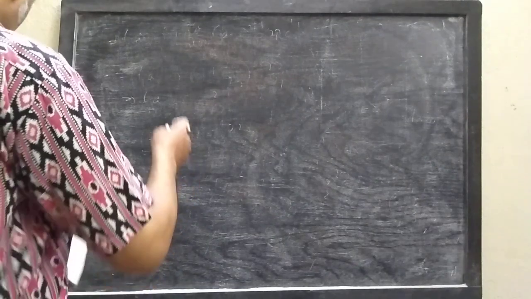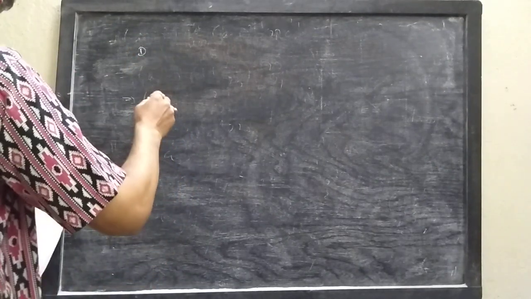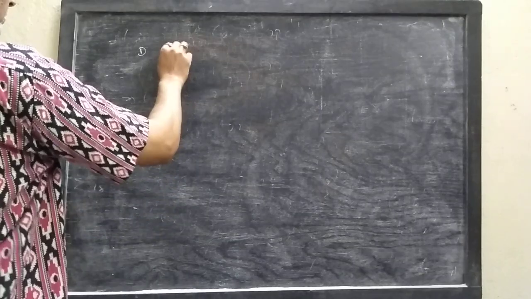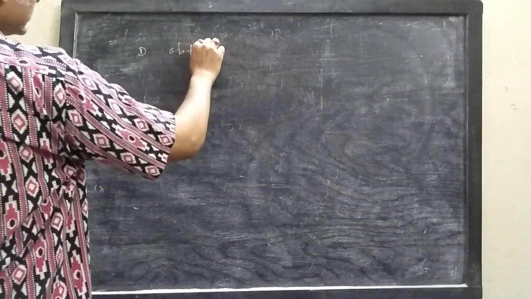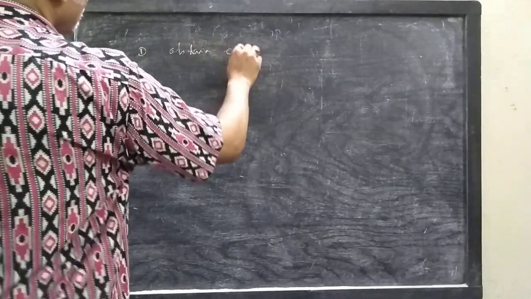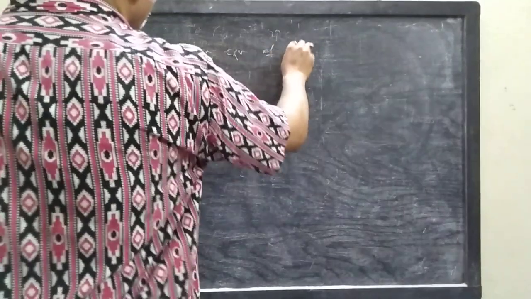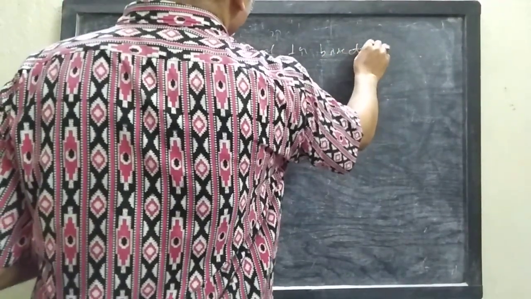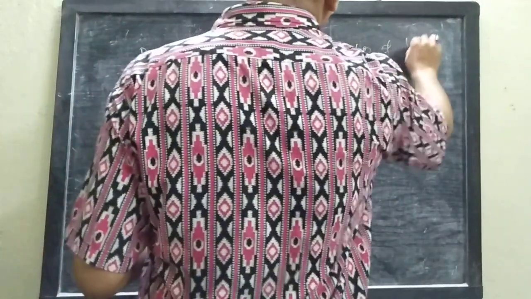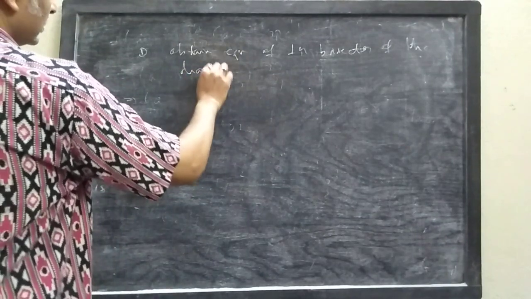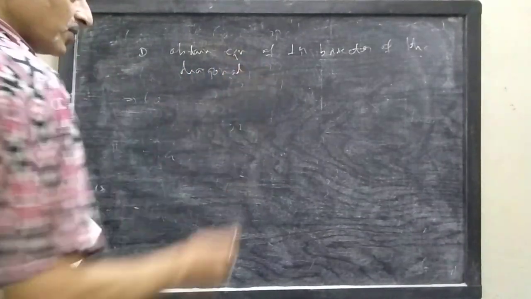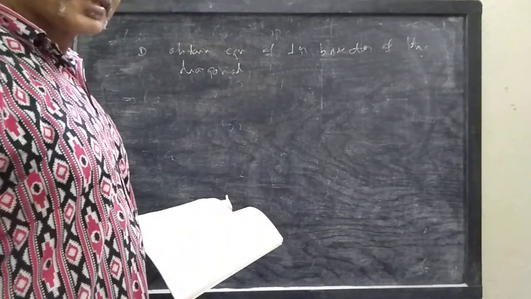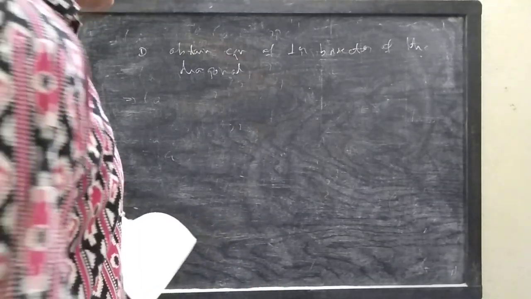Step 1. Obtain equation of perpendicular bisector of the diagonal given. Obviously it will be diagonal, opposite two vertices given, so it should be a diagonal.